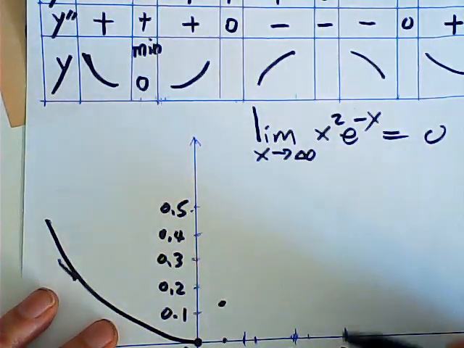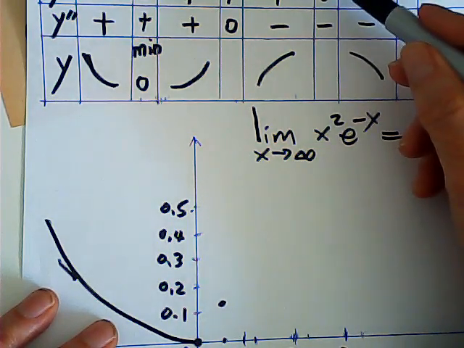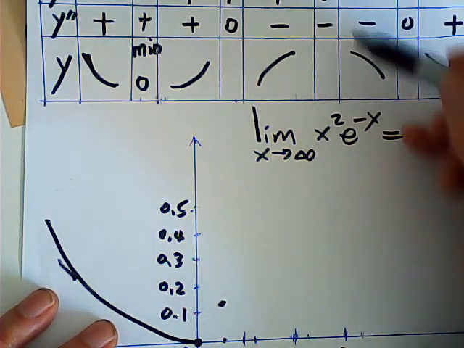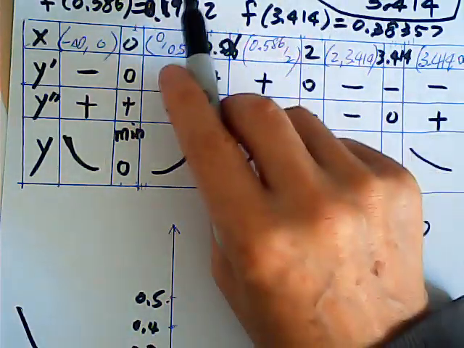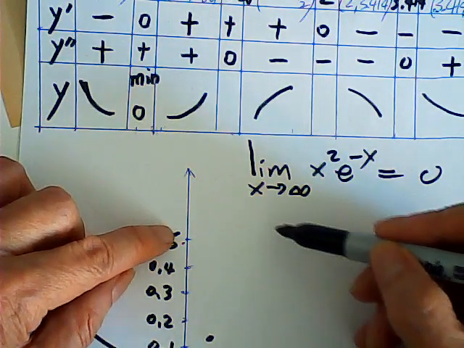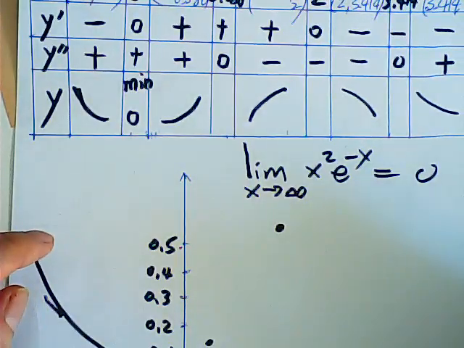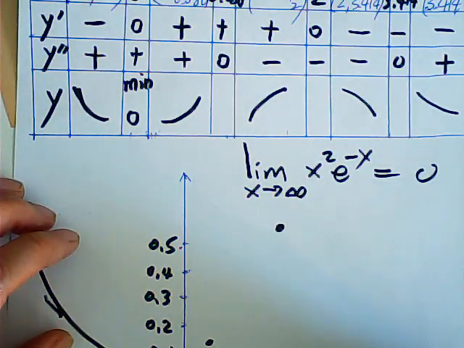And next point is 2, right? Yeah, 2 corresponding to 0.5 something, 0.54. Okay.